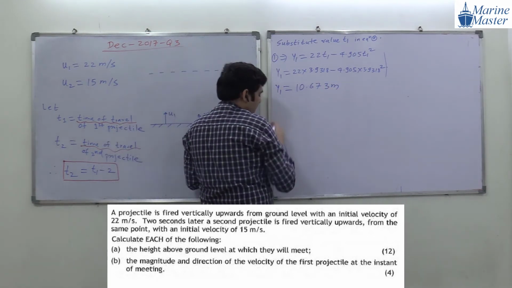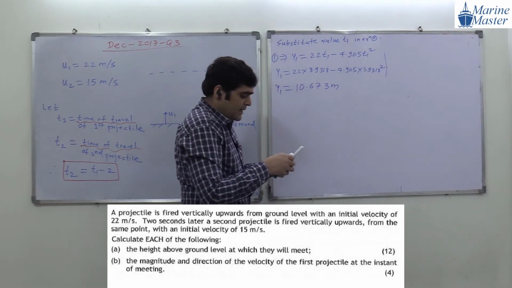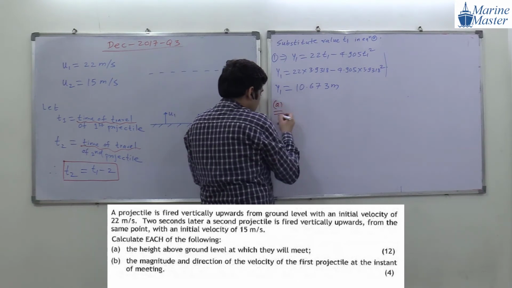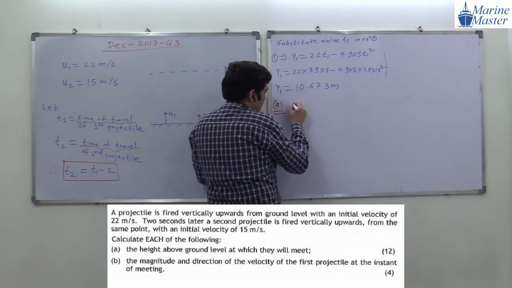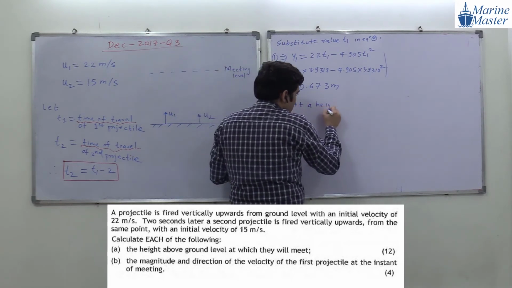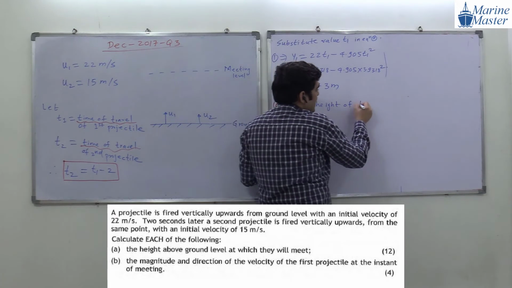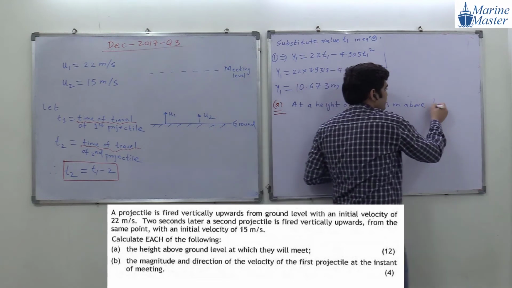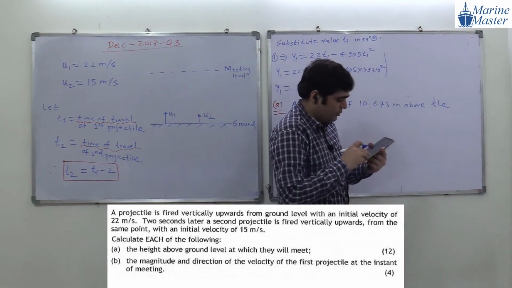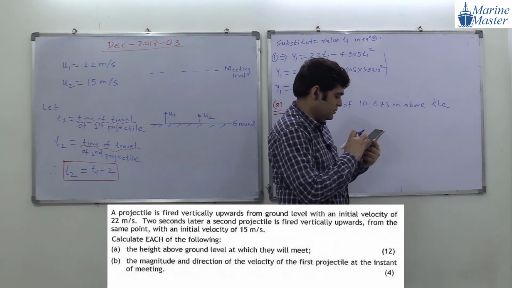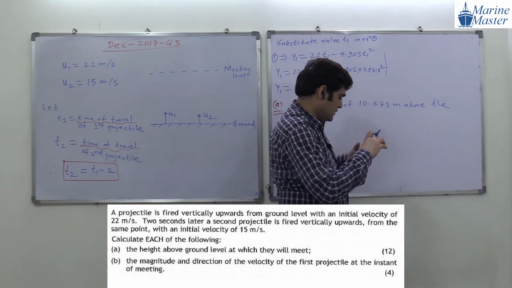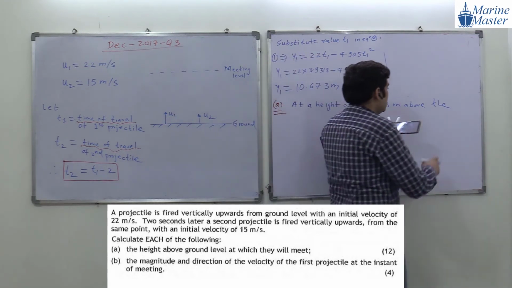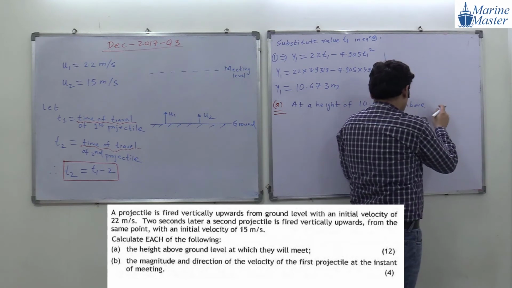So the A part answer: at the height of 10.763 meters above the ground level, both projectiles will meet. I will use the exact statement from our question.